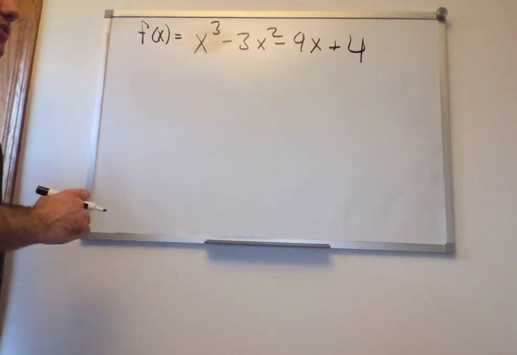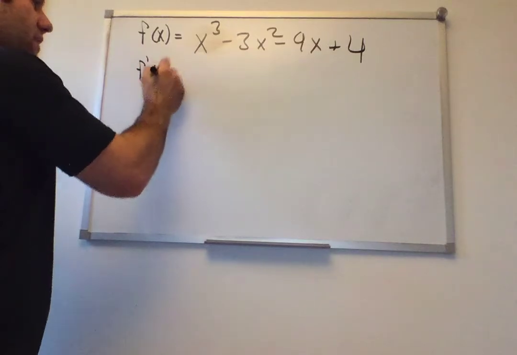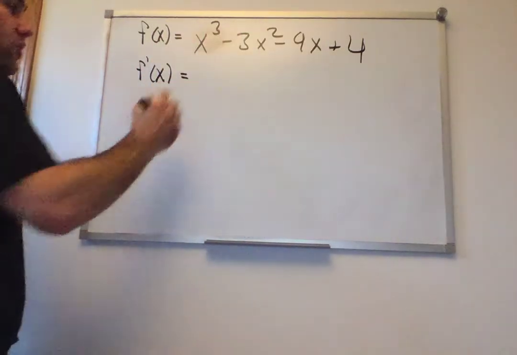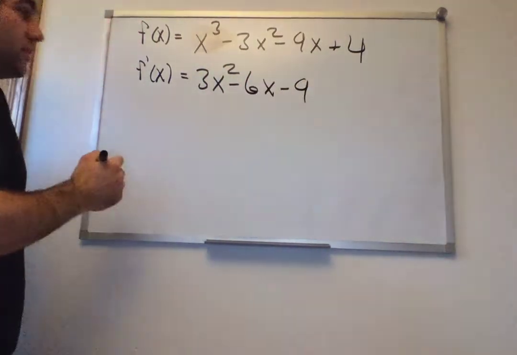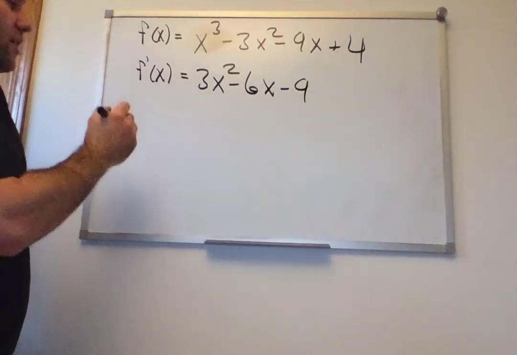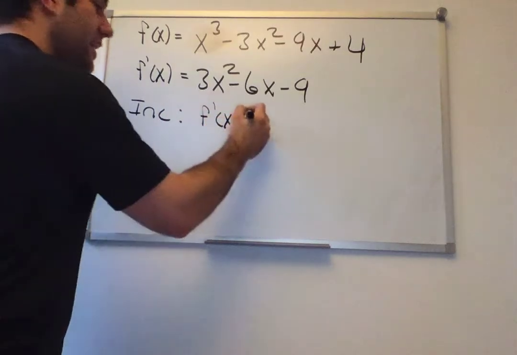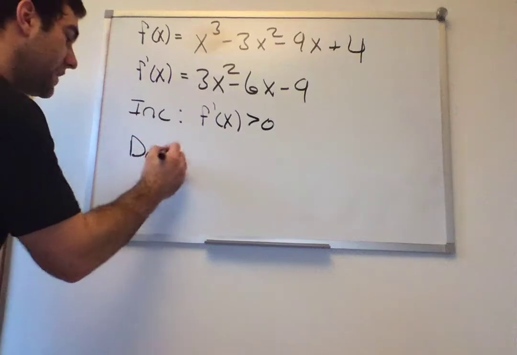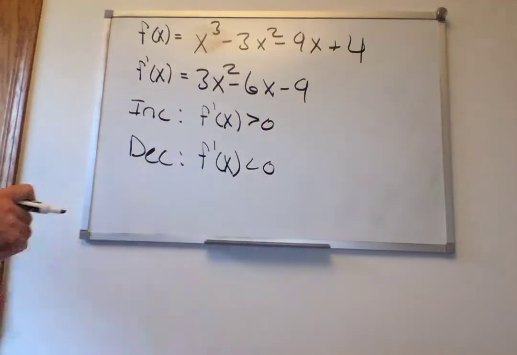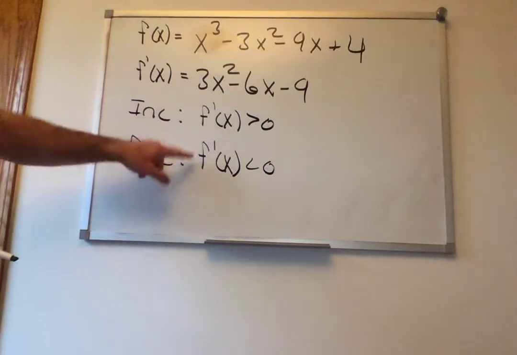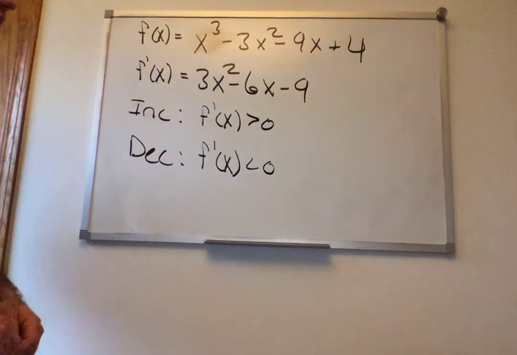So we have a method to find it. It's the increasing-decreasing test. It says take the derivative. So this is just a bunch of power rules. 3x squared minus 6x minus 9. And now if we want the increasing intervals, we're going to take the derivative and set it greater than 0. And if we want the decreasing intervals, we're going to take the derivative and set it less than 0. We solve these two inequalities, and once we do that, we have the intervals of increasing and decreasing.